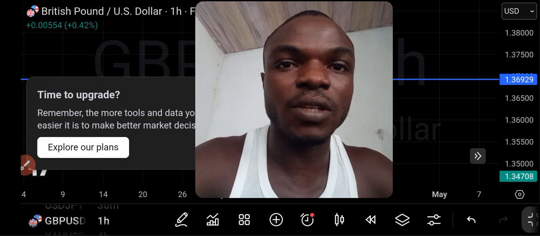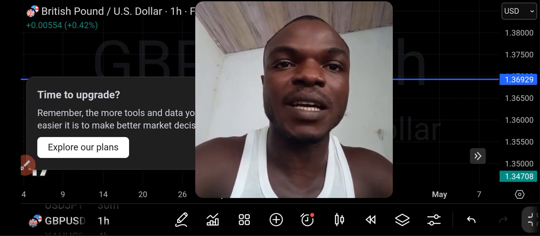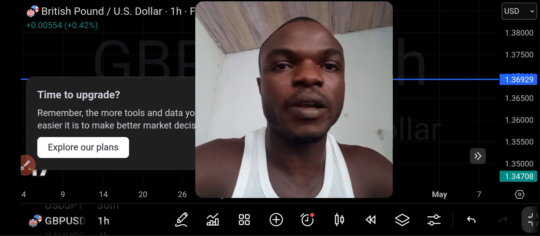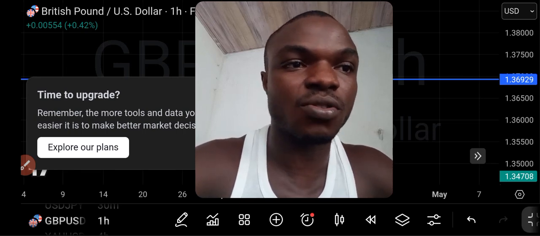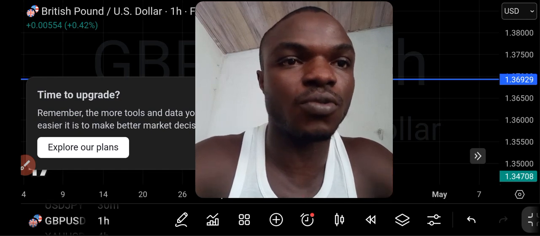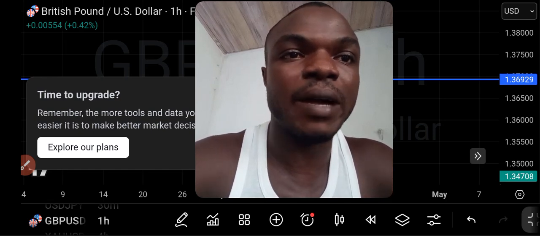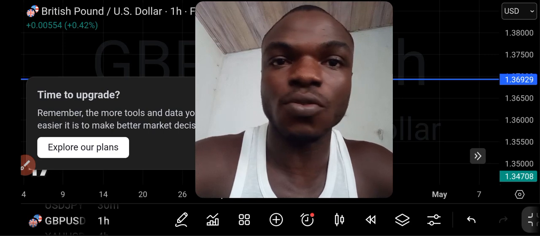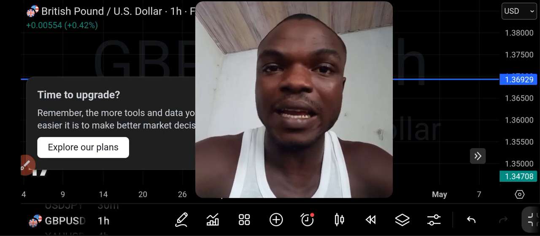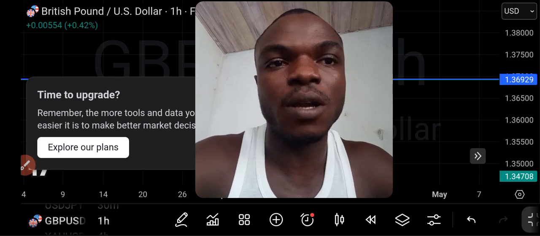Everything will be in order, your bias, everything, but it will just be that the market stopped working in favor of your strategy. So at this very point in time, what do you do? I will be going into details now to tell you guys how I manage my own strategy. This is just personally how I manage my own strategy, and I'm sharing this because I think it may help one or two of you out there.